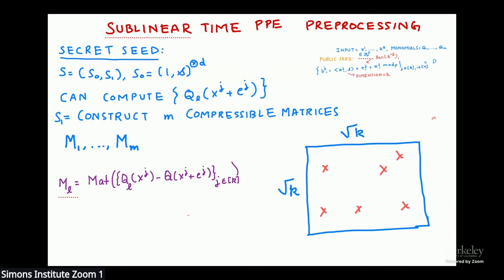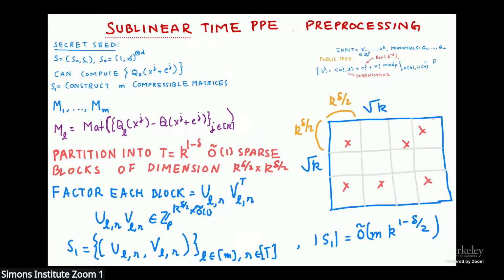So the number of non-zero entries here is k to the 1 minus delta, which means that if I divide it into k to the 1 minus delta chunks, each chunk is going to have order 1, or O tilde of 1, non-zero entries. And then I can compress as before.